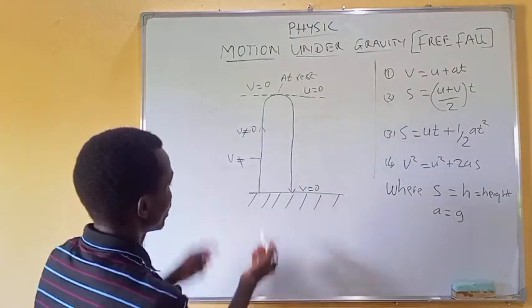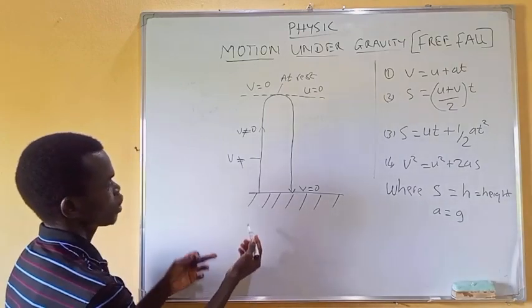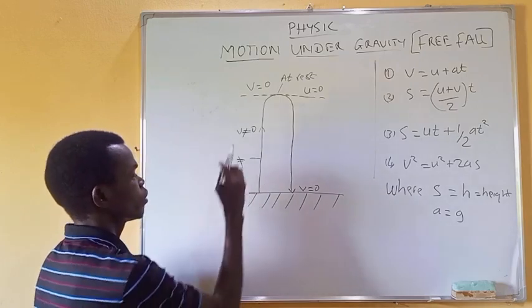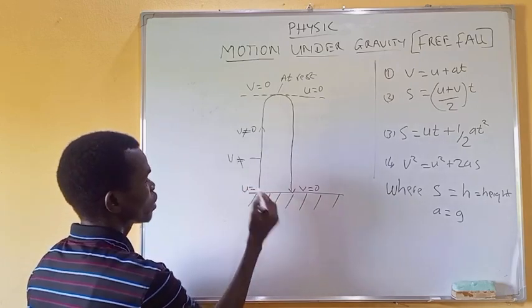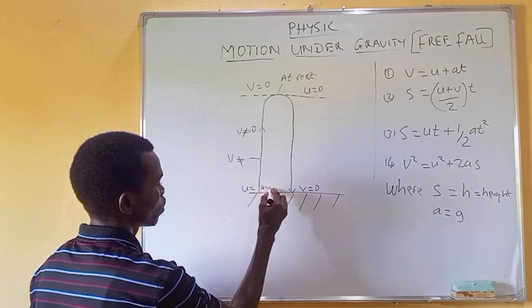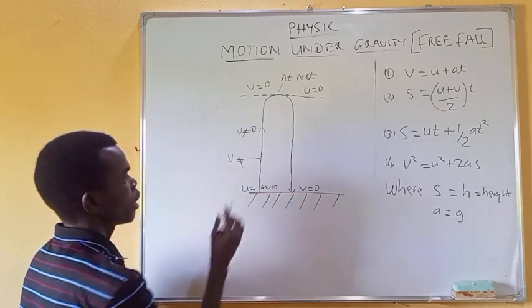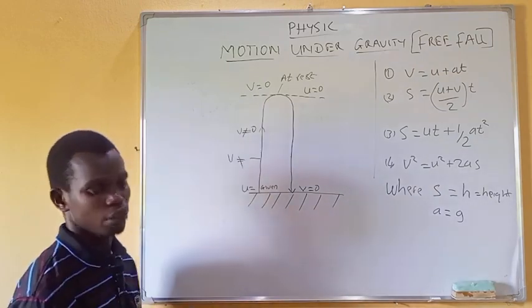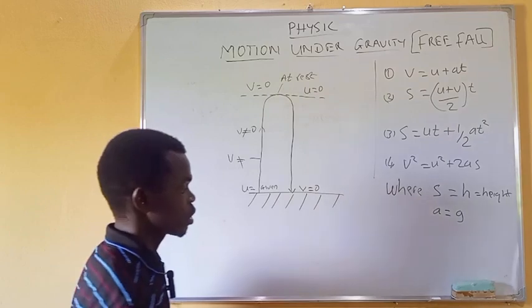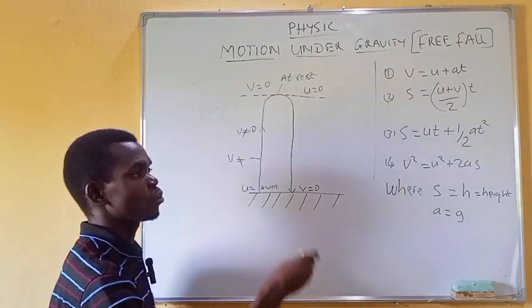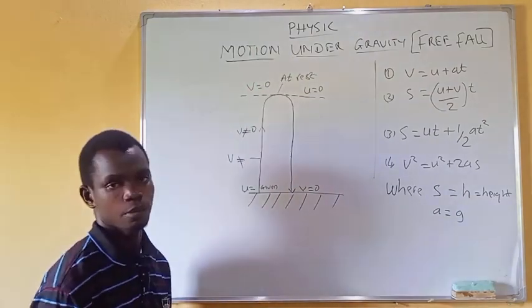Let's come back to this diagram. When the object is moving upward, it will have an initial velocity, and the initial velocity will be given. When it is moving upward, it's in the opposite direction to gravitational force. Why? Because any object that is thrown upward must return downward.